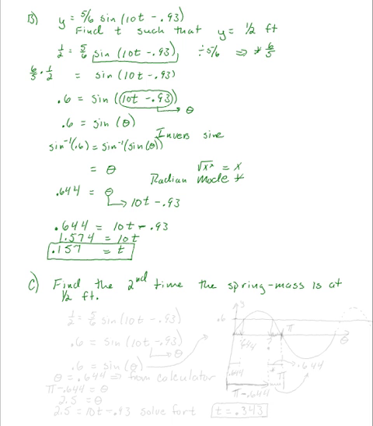Well, you're still solving this 1/2 equals 5/6 sine 10t minus 0.93.